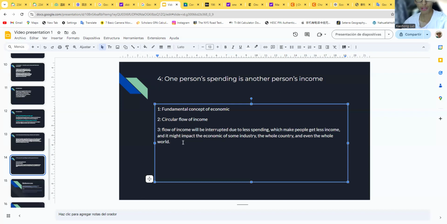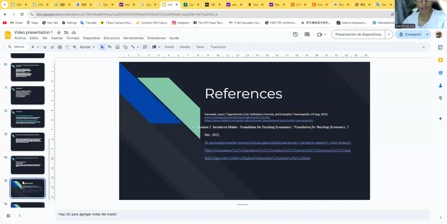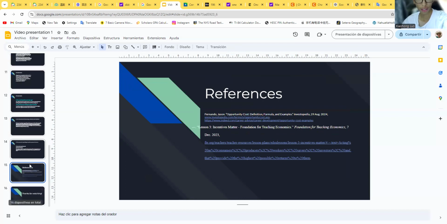So that's why I said that the flow of income might impact the whole country. So here are the references I'm using in these slides.